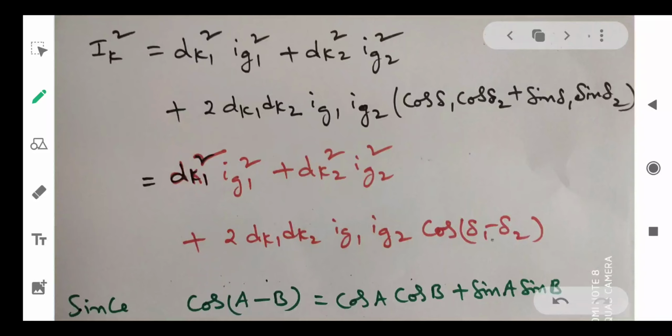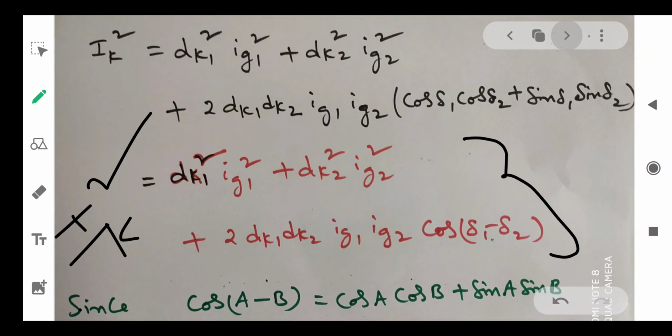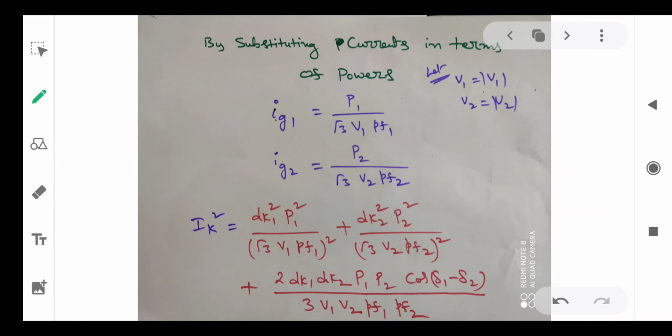So therefore this expression is equal to Ik square. Alright.